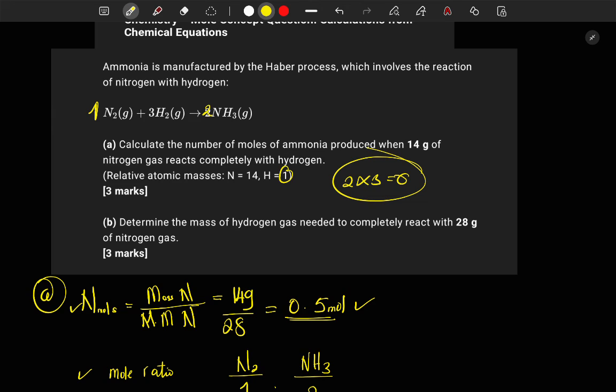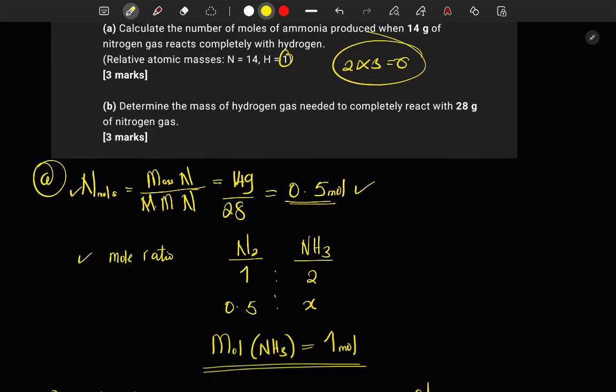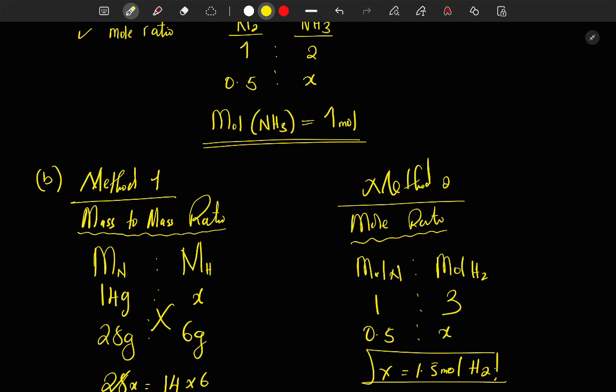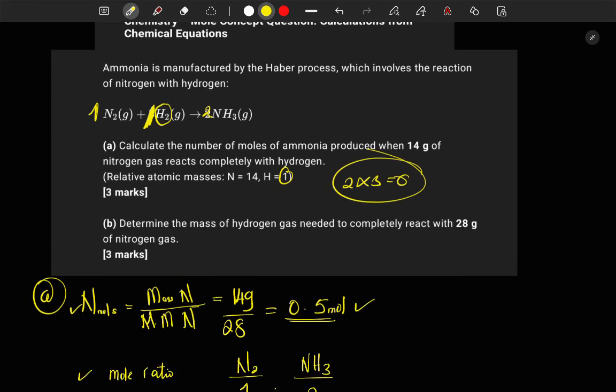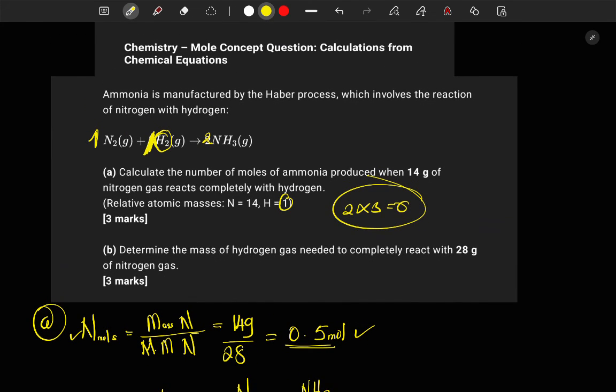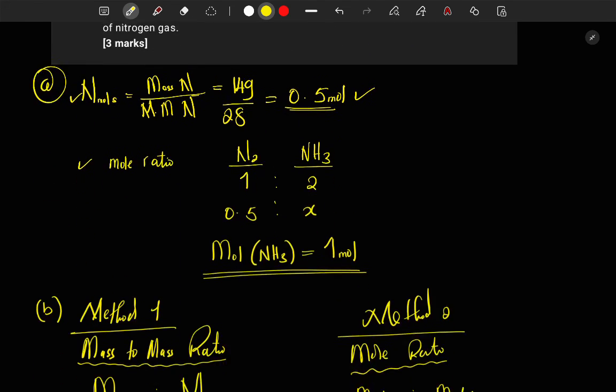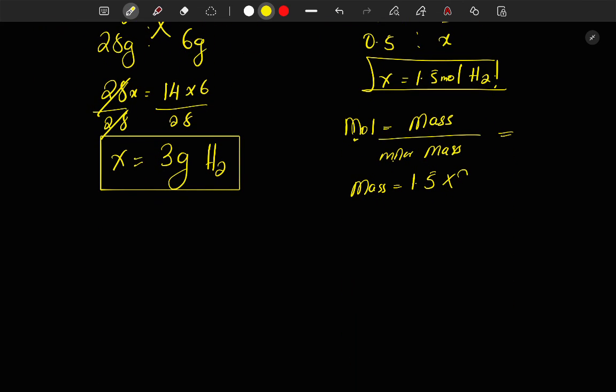When you're using mole to mole ratio, you ignore the 3 in front. The number in front is ignored. You only consider the element itself in its natural state without the numbers in front. Do you know why? That 3, you've already used it here. So if you repeat it, you are making a mistake. So just consider how many are there here. There are 2. The mass number is 1. That will still give us 2. So you put a 2 there. What is 1.5 times 2? That will still give us 3 grams of hydrogen.